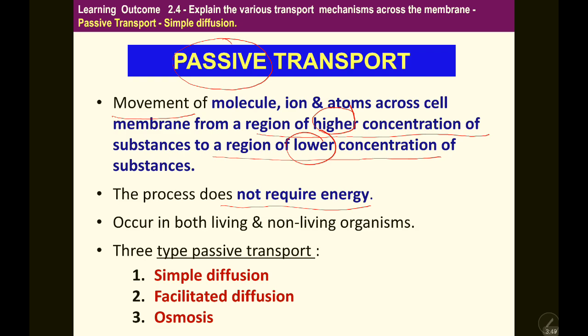So it can occur in both living and non-living systems. In non-living systems, whenever there is a concentration gradient from high to low concentration, this is also known as passive transport. We have three types of passive transport here: simple diffusion, facilitated diffusion, and osmosis. This video focuses on these two.